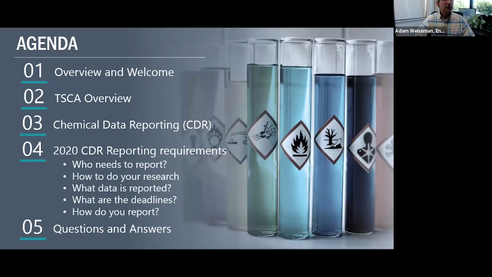Does this report pertain to you and your facility? So, again, who needs to file this report, and how would you do your research to determine whether you do need to file? I think that's a key element. What kind of data gets reported? What are the reporting deadlines?